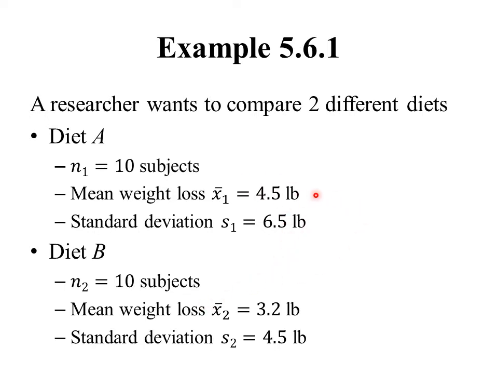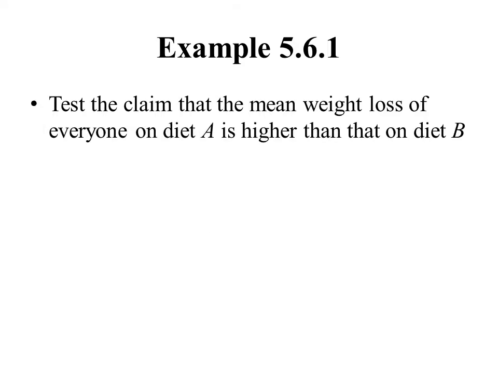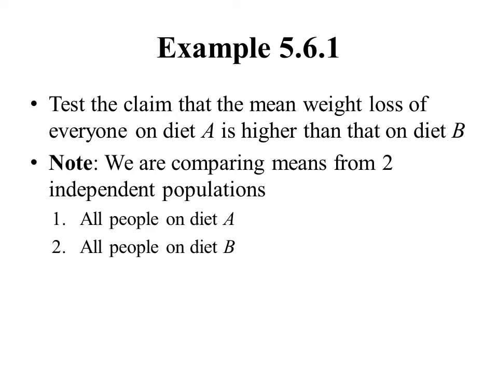Okay. If we compare these mean weight losses, it looks like diet A maybe does a little bit better than diet B. So let's use this information to test the claim that the mean weight loss of everyone on diet A is higher than that on diet B. Now again, notice as in the first example, we are comparing means from two independent populations.